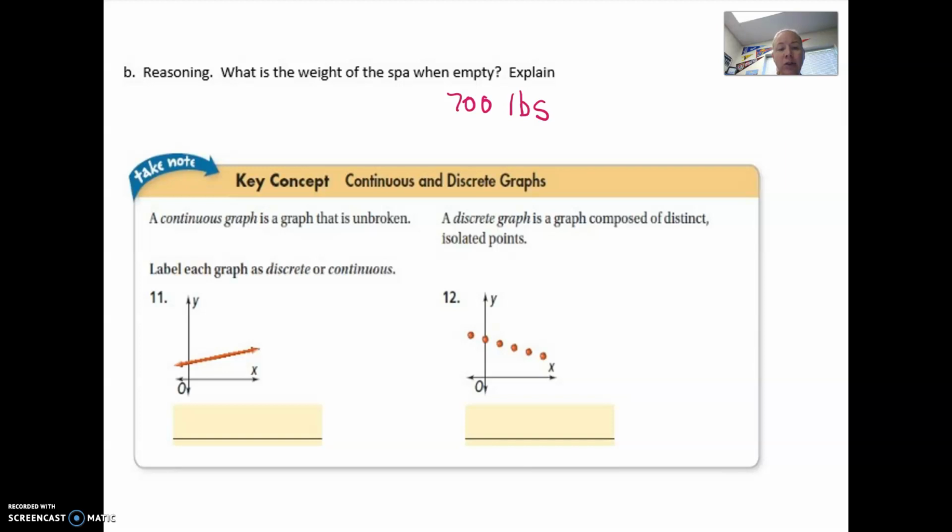Now, a continuous graph is a graph that is unbroken, so we're going to label each graph as discrete or continuous. A discrete graph is a graph composed of distinct isolated points. So this 11 would be considered a continuous graph, and 12 would be considered a discrete graph because you have distinct points.